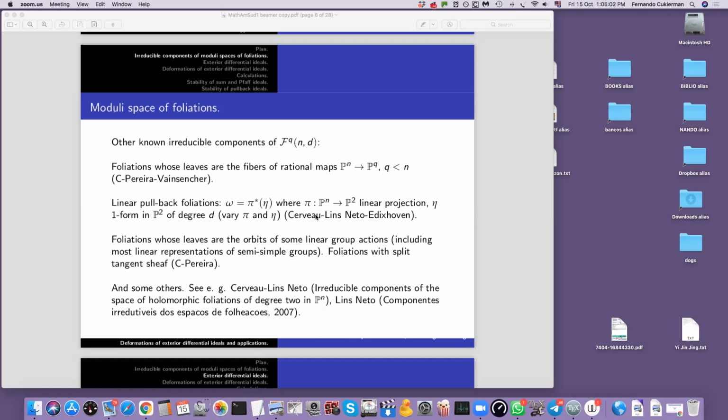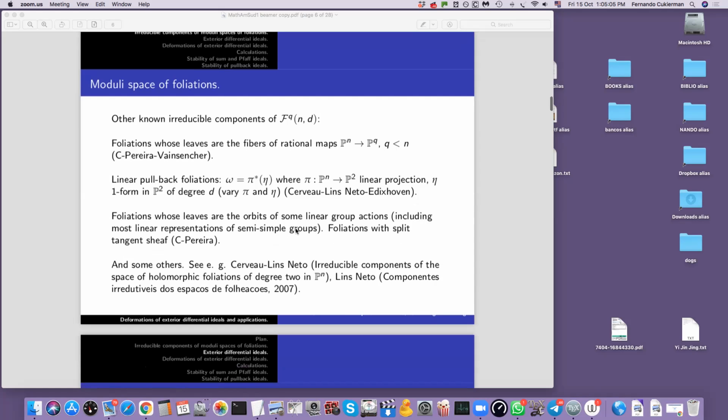Another construction of irreducible components is what we call a pullback foliation. It's a generalization of this. Let's take a map pi from Pn to P2, and suppose we have some foliation in P2, and let's call eta a one form in P2 of degree d.